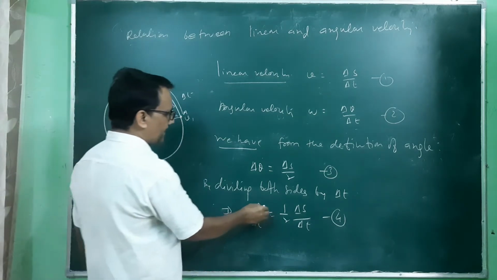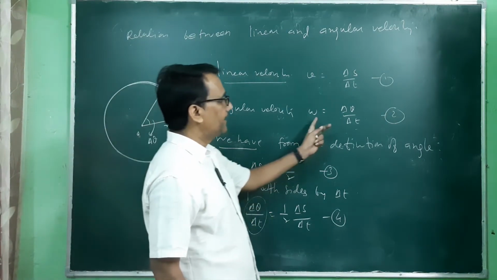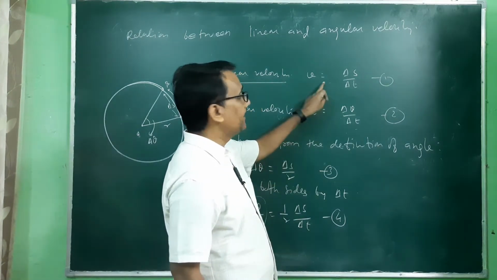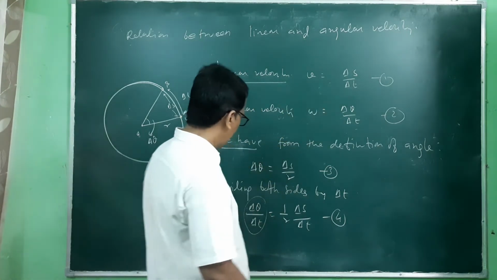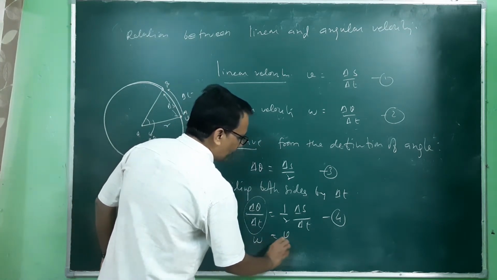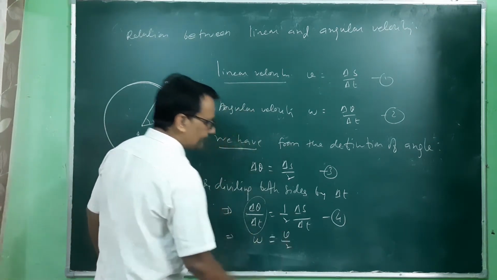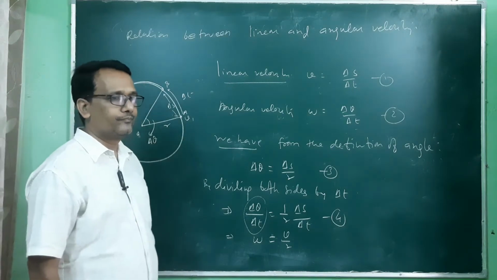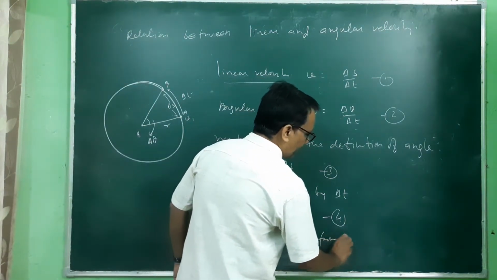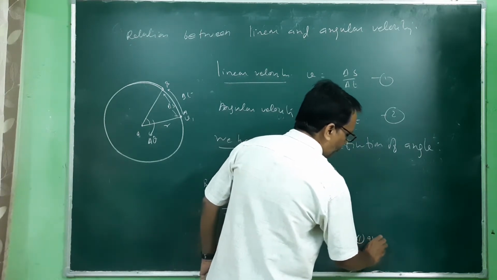Now what is this? This delta theta by delta t is omega from equation 2. Delta s by delta t is v from equation 1. So omega is equal to v by r, from equation 1 and 2.